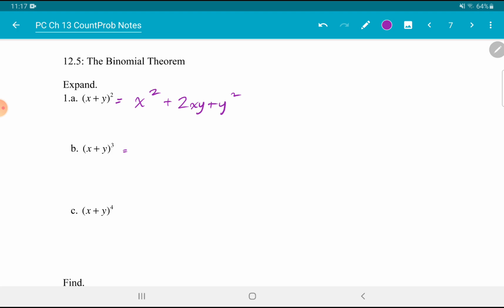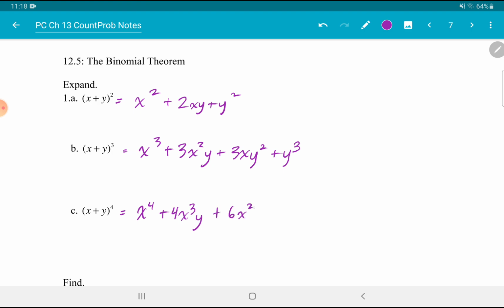If you expanded part B out and maybe moved some things around, you might have gotten x cubed plus 3x squared y plus 3xy squared plus y cubed. And in the last case, for part C, you probably got x to the fourth plus 4x cubed y plus 6x squared y squared plus 4xy cubed plus y to the fourth.